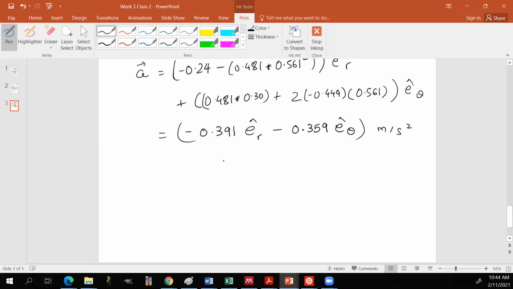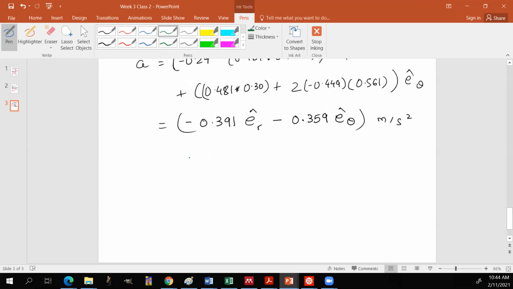Again, for me, this is a good enough answer, but just to complete it, you've got an A_R term, which is in the negative e_r direction, and A theta, which is also negative. So A_R is equal to 0.391 meters per second squared, and A theta is equal to 0.359. Then you can find these angles.